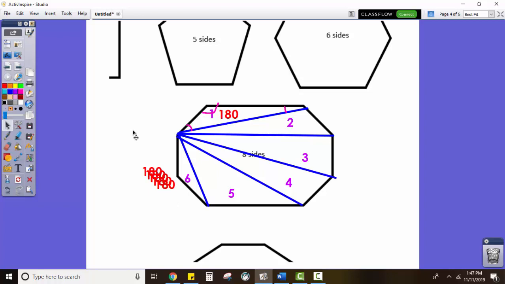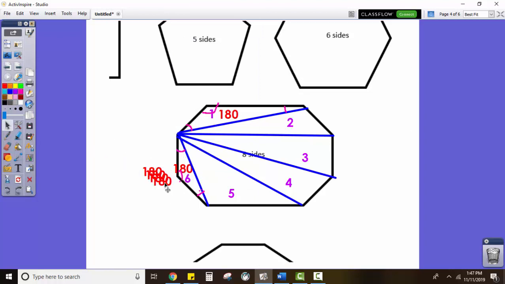So that's 180 degrees right there. I can take any other triangle in this octagon, this angle, this angle, and this angle would also all add to be 180 degrees.